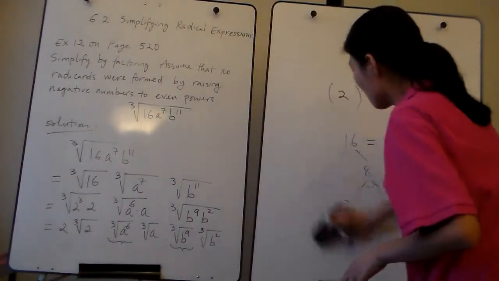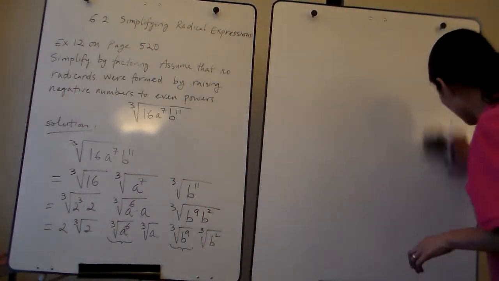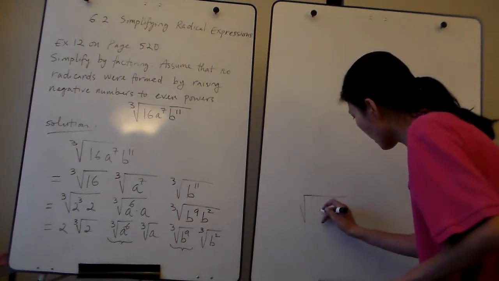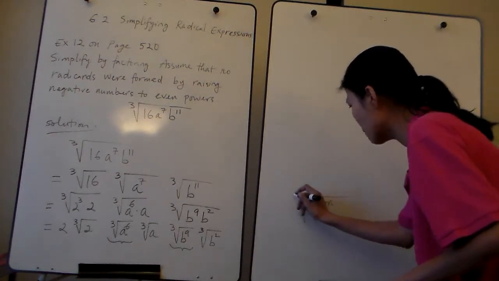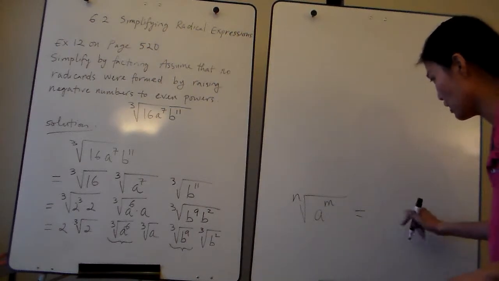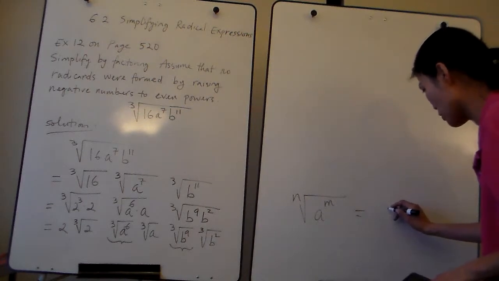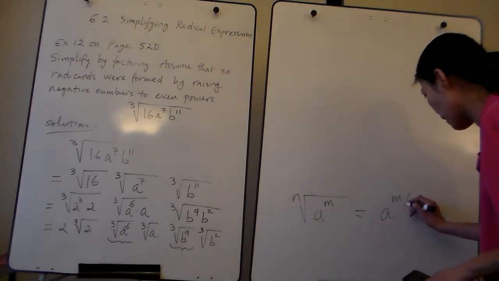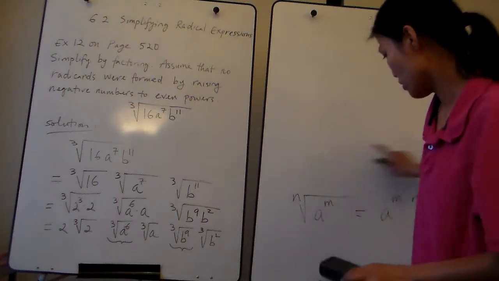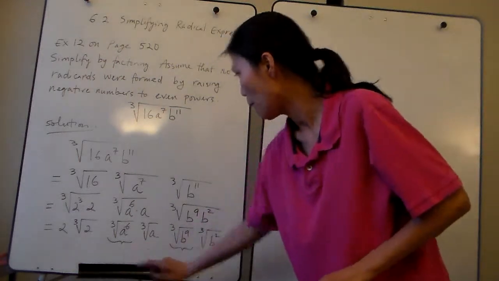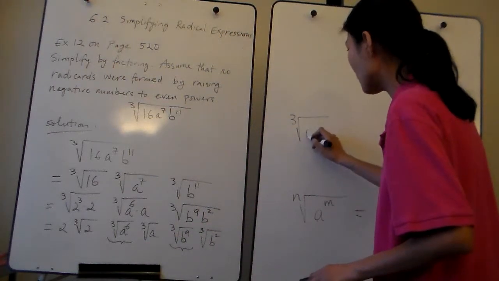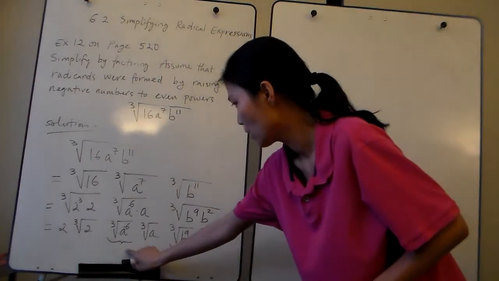The reason you can simplify is that you have the formula: the nth root of a to the m can be written in exponent form as a raised to m divided by n. So I'm going to use this rule. Think about the cube root of a to the 6th power.